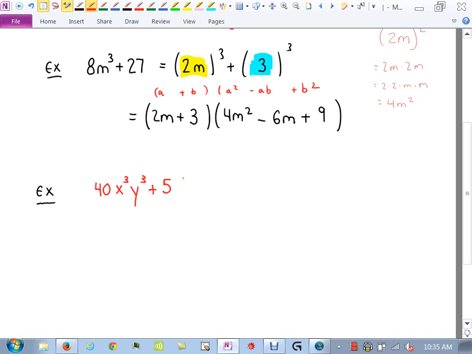What do we do here? GCF, good. If you don't get that GCF to start the problem, you're going to be lost. You've got to get that GCF out first. What is the GCF? 5. 5 comes out, leave space for 2 terms. What do you have left? 8x cubed y cubed plus 1.